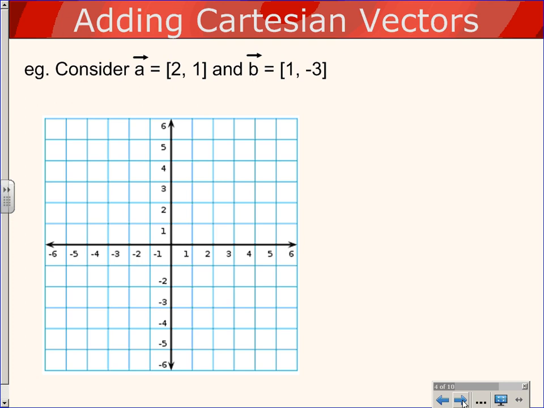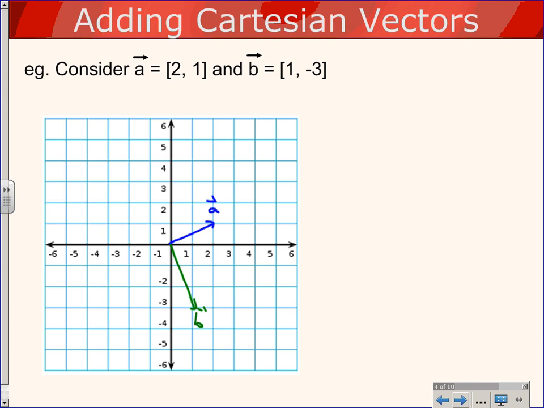Let's try this one. It says consider vector A, which is [2, 1]. So there's vector A right there. And vector B is [1, -3]. So it looks like that. There's our two vectors. And if I want to add them up, what we had to do is align them head to tail.